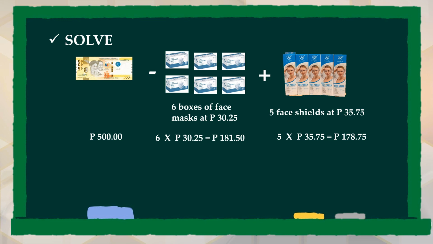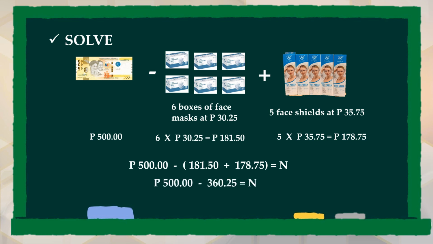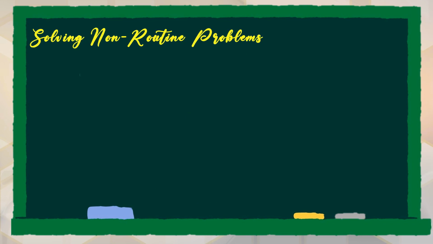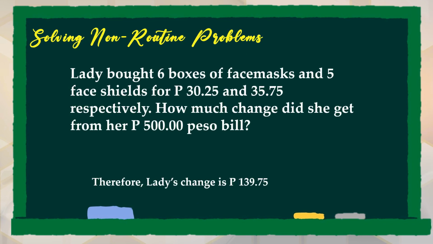So our number sentence is 500 pesos minus 181 pesos and 50 centavos plus 178 pesos and 75 centavos equals N. Let's start solving. 500 minus the total amount lady spent for face masks and face shields equals 139 pesos and 75 centavos. Therefore, in this problem, lady's change is 139 pesos and 75 centavos.